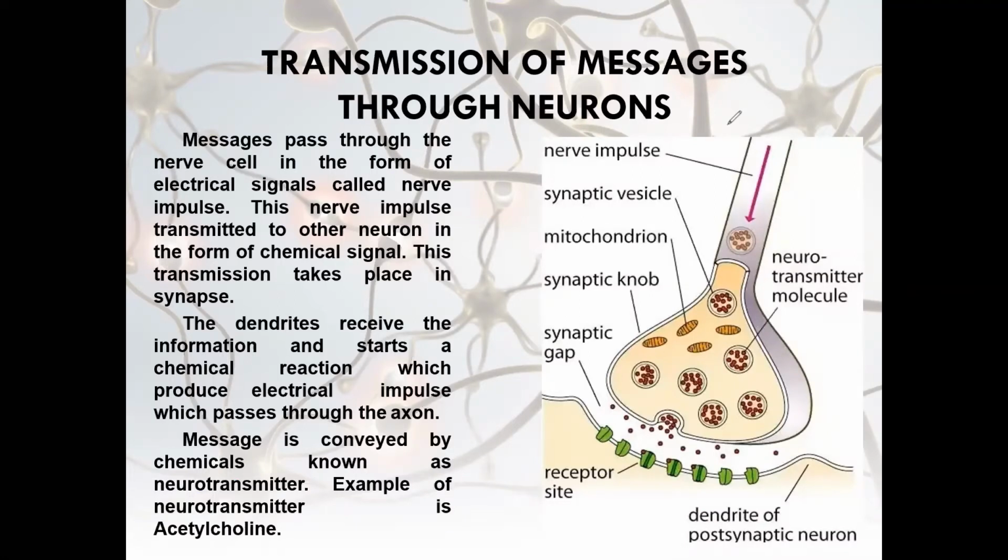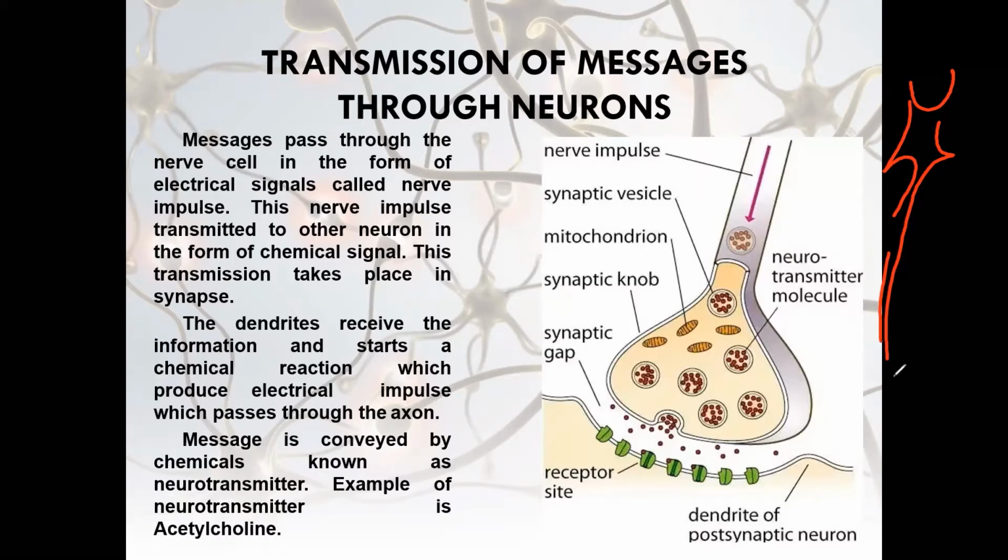Now, starting with the transmission of messages through neurons. How does the message transfer from one neuron to another? Let's say this is one neuron and there is another neuron, with the dendrites and the nerve ending. Let's draw the other neuron.